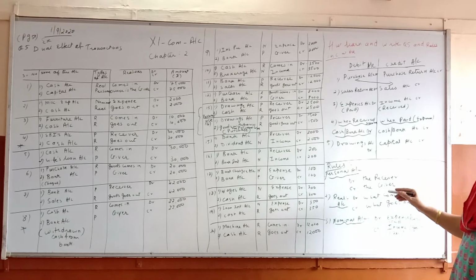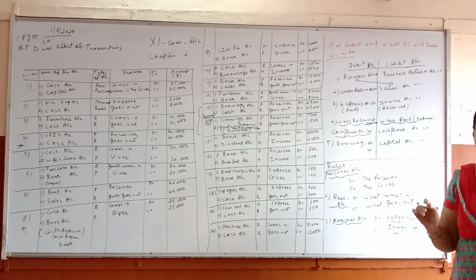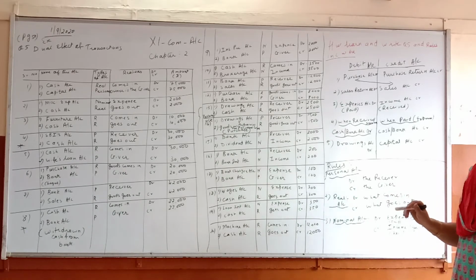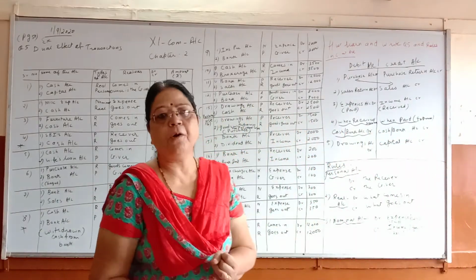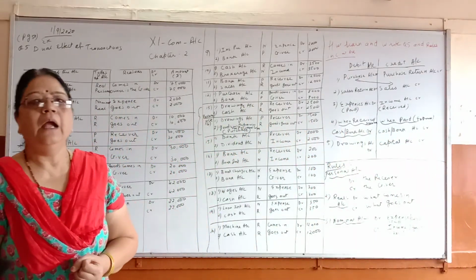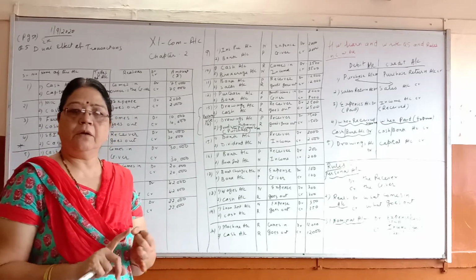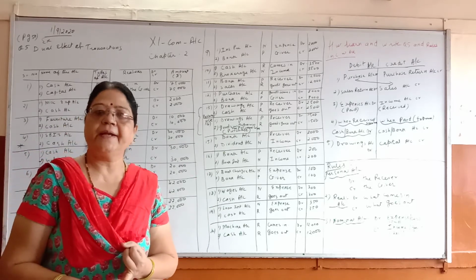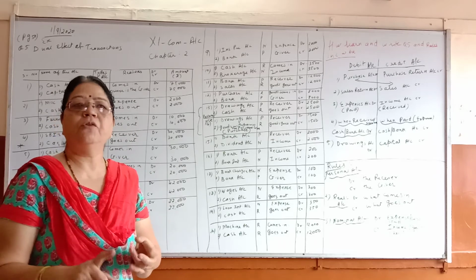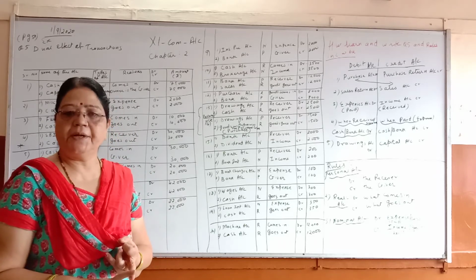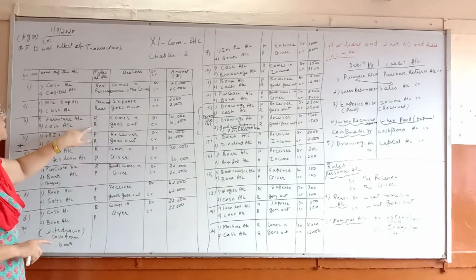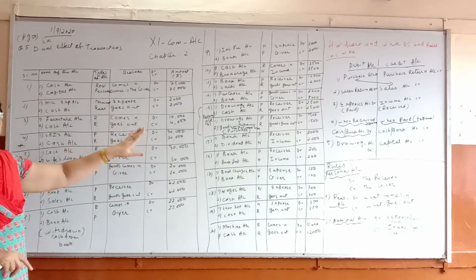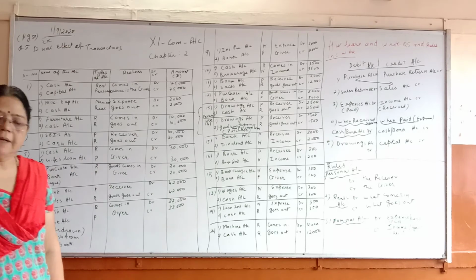So this is all about chapter 2, dual effect of the transaction, in which first you will decide the type of account, cash or credit, and then you will find out the second account which is affected, and then you will find which type of account it is, and after finding out which type of account it is, you will apply the rule and then you will write debit, credit.